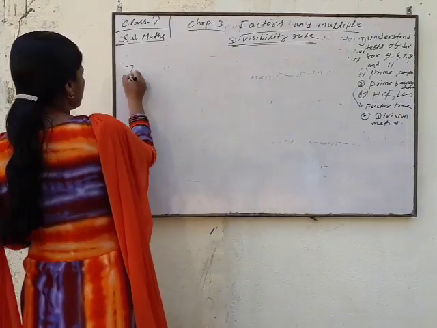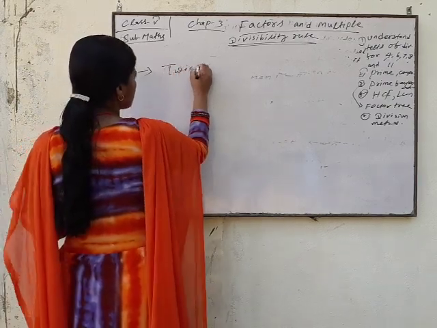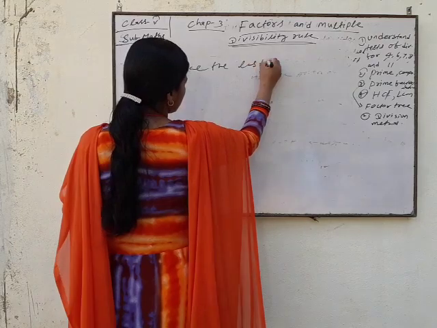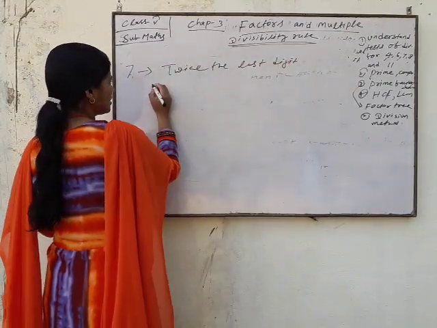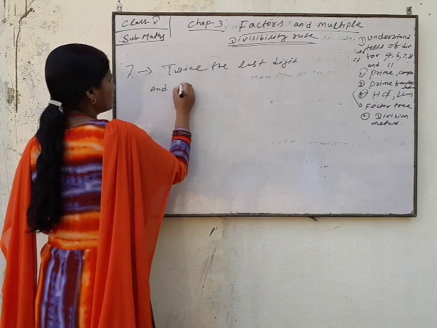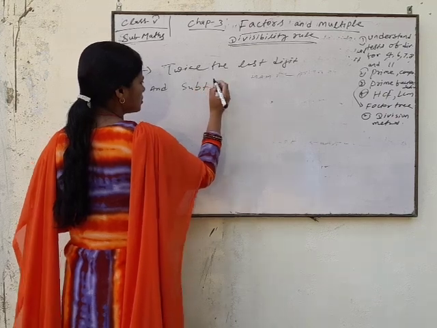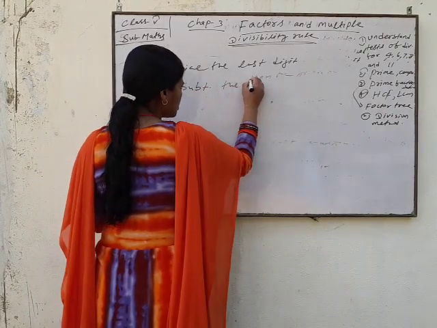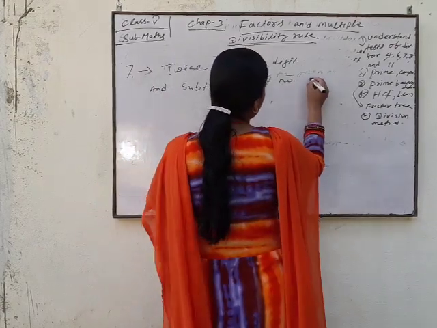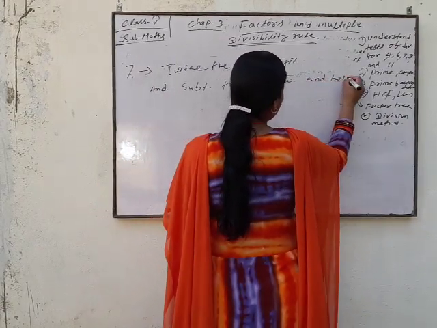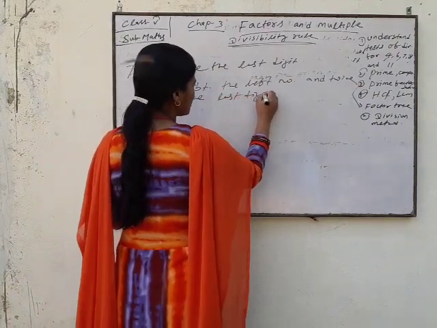For the 7, twice the last digit. Twice the last digit and difference, subtract the left number and twice the last digit.